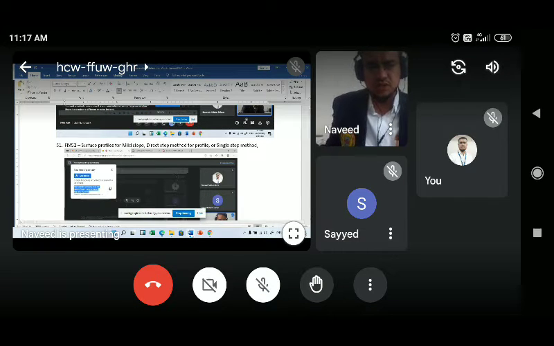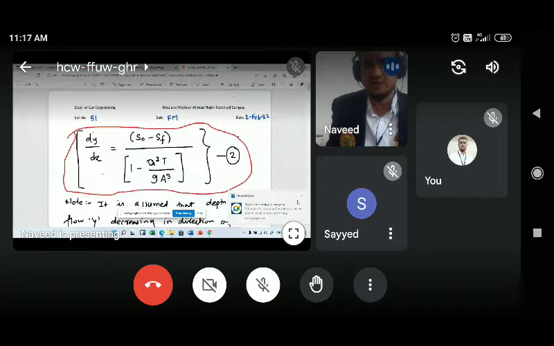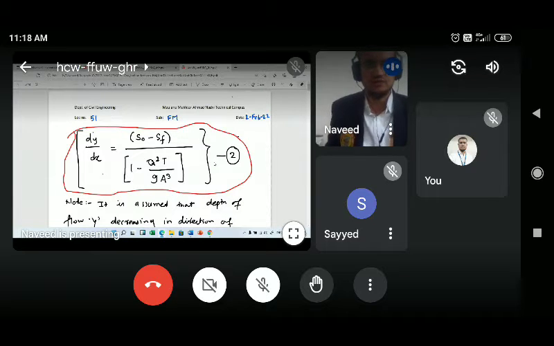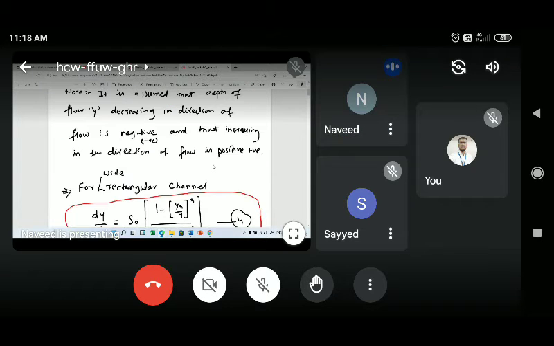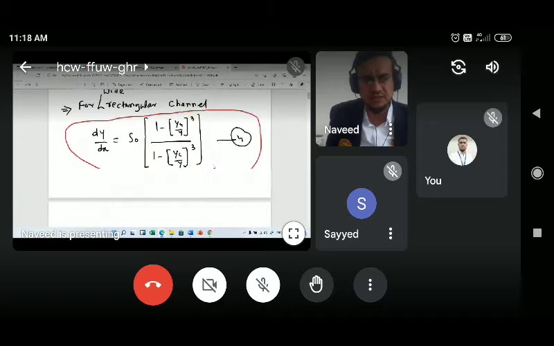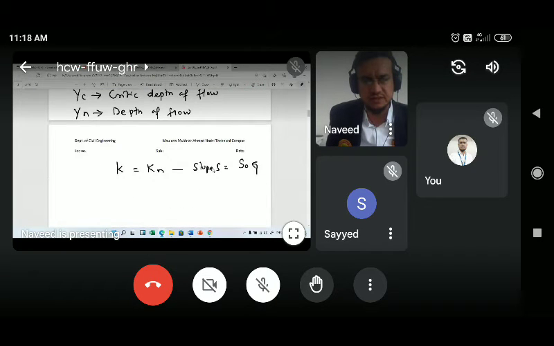Yesterday we have seen different types of dynamic equation for the prismatic and non-prismatic channel sections. The prismatic channel means a defined geometry is there, and non-prismatic channel means there is no defined geometry.